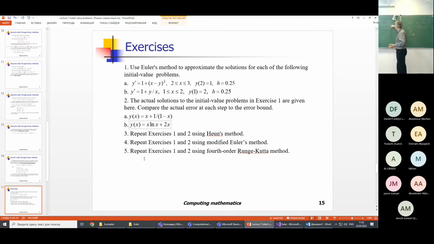And the next point, 1.5. Please compute the last point, y of 1.5.